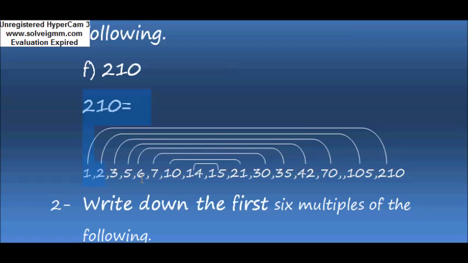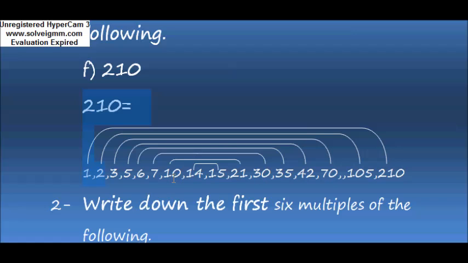Now 6: when you divide 210 by 6, you will get 35. So 6 at the start and 35 at the end you will write. Now 7 times 30. So 7 you will write here and 30 here.